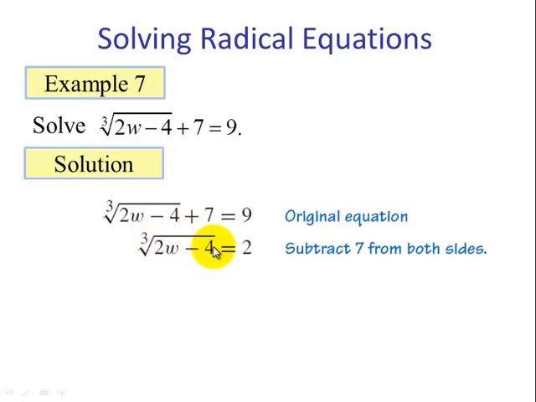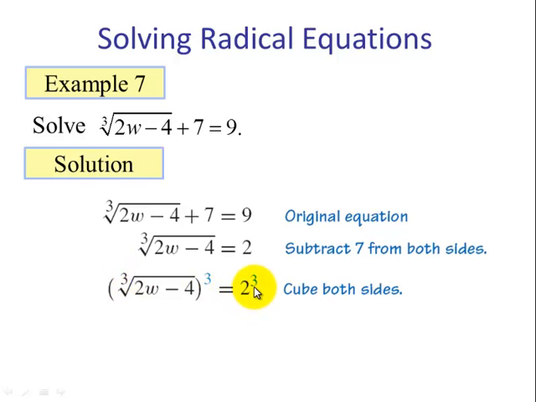Now the cube root is isolated. We raise both sides of the equation to a power of 3. This power of 3 will cancel out this index of 3, and 2 cubed is 8. So we have 2w minus 4 equals 8. We add 4 and divide by 2, and w is equal to 6.